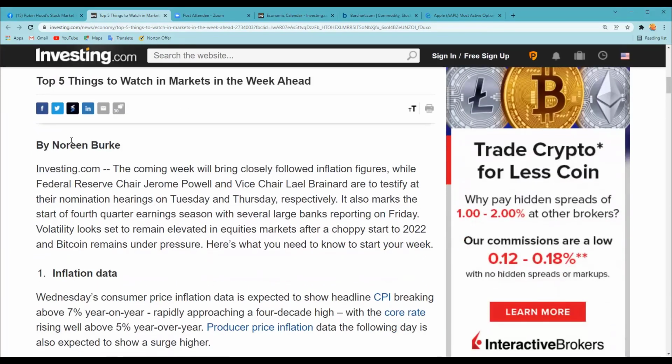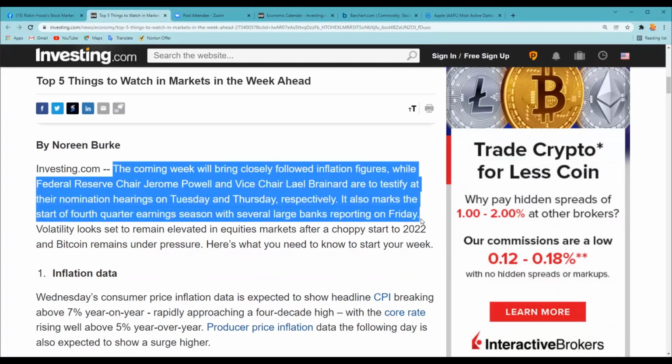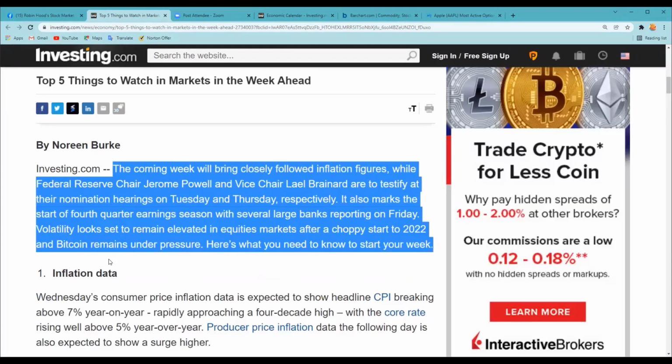For example, the coming week will bring closely followed inflation figures, while Federal Reserve Chair Jerome Powell and the Vice Chair are to testify at their nomination hearing on Tuesday and Thursday. So we knew about the Tuesday, didn't know about the Thursday.